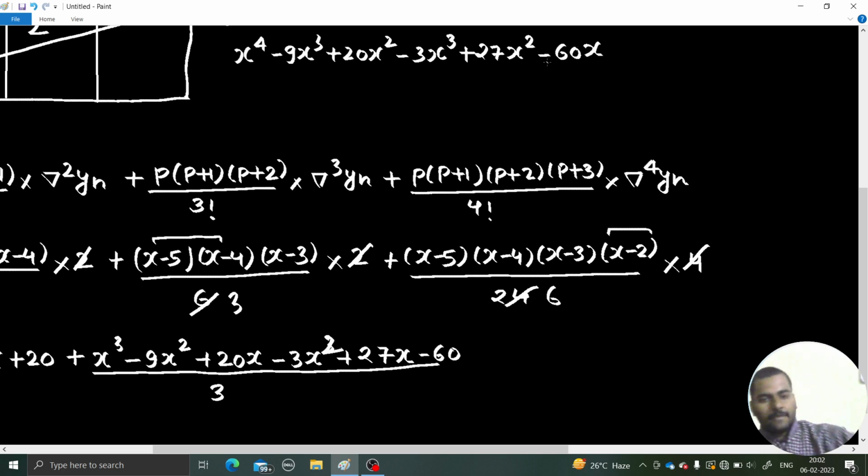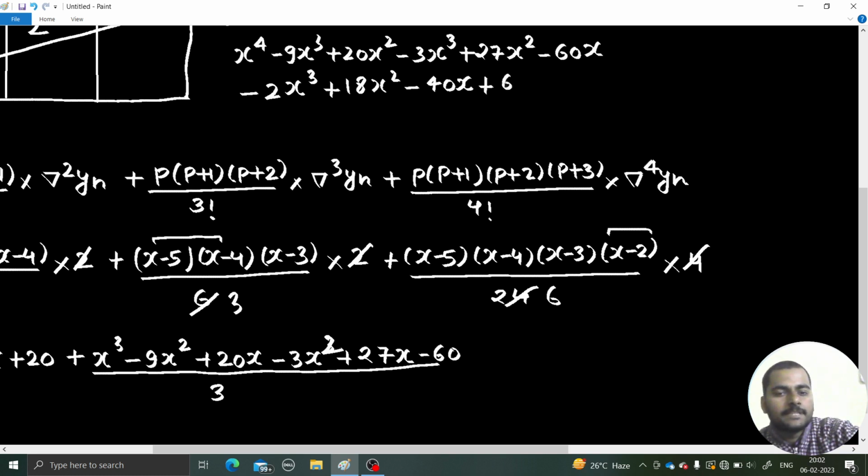And if you multiply by minus 2, you will get minus 2x cube plus 18x square minus 40x plus 6x square plus 54, sorry, minus 54x and plus 120.